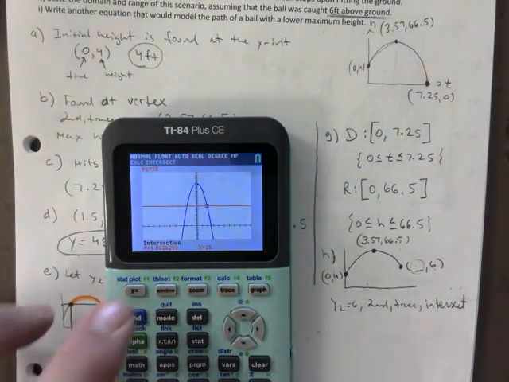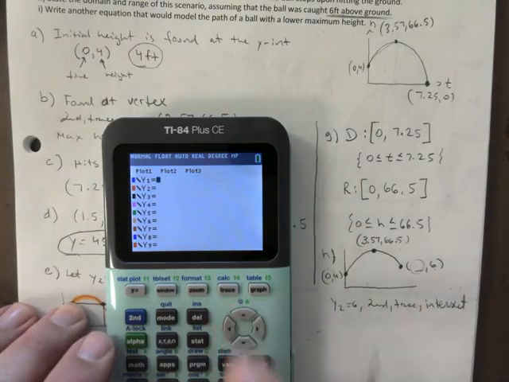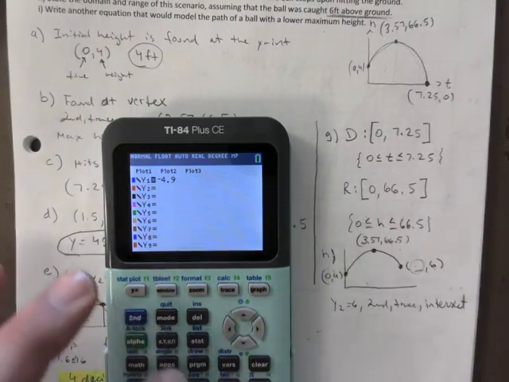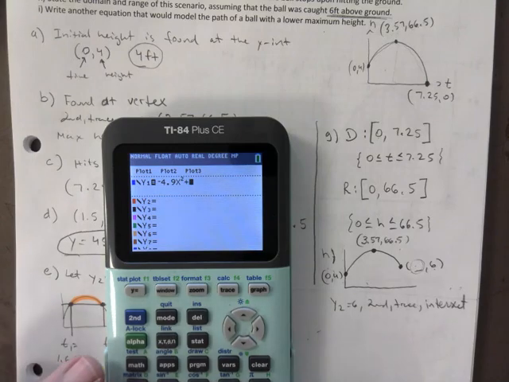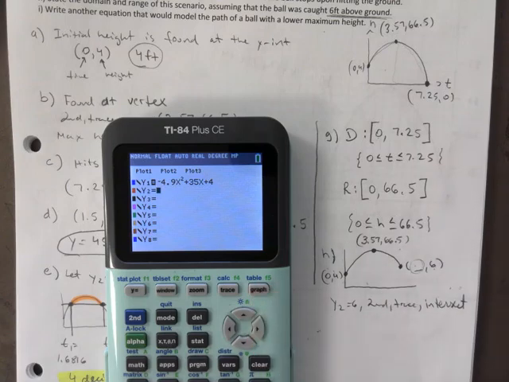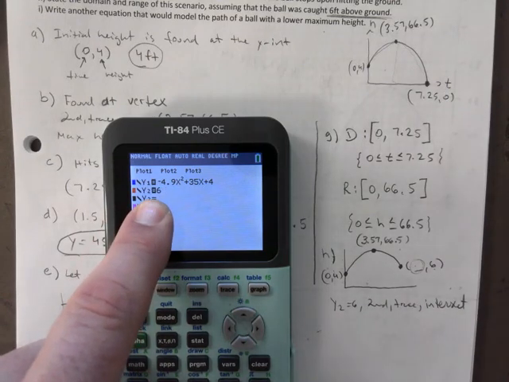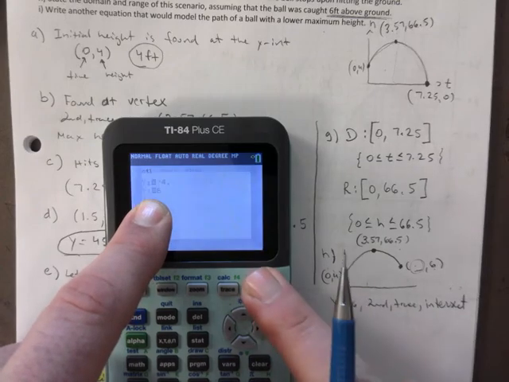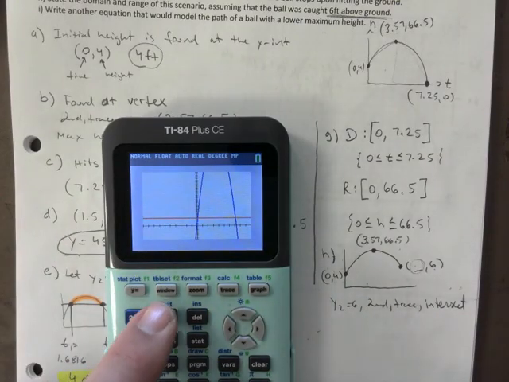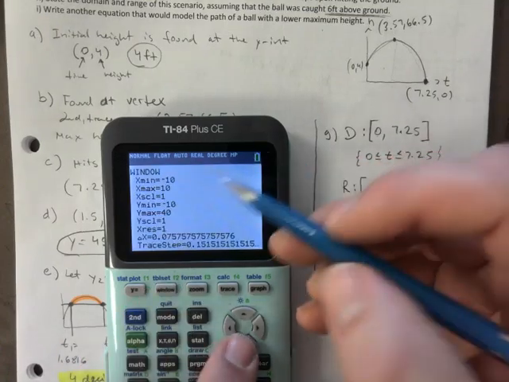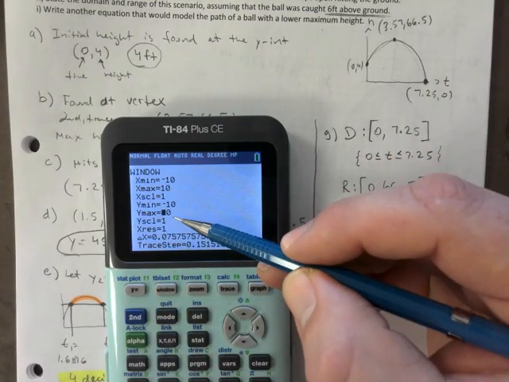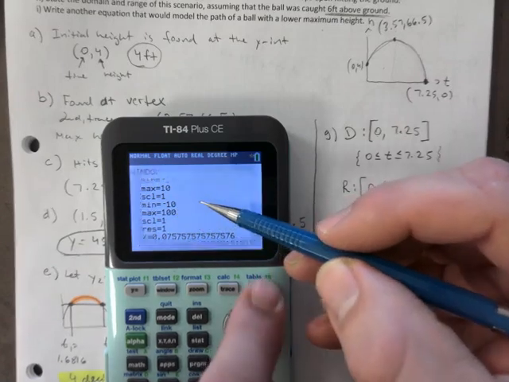If you can catch up to me on this one, that'd be great, but if not, that's fine. So I'm going to let y2 equal to 6, but my window is going to be off. I know that already, so I'm going to walk you through that again. I just need the y max to be higher. I don't know, let's go 100.